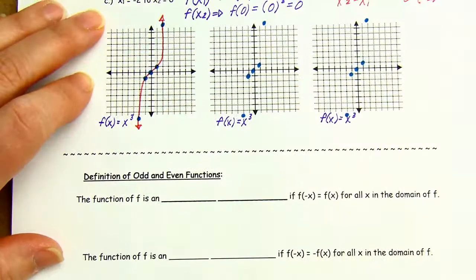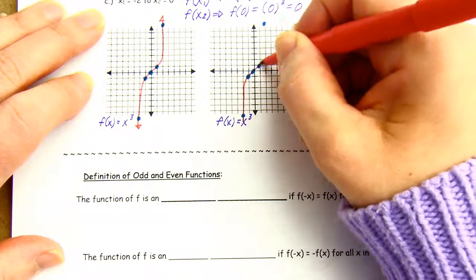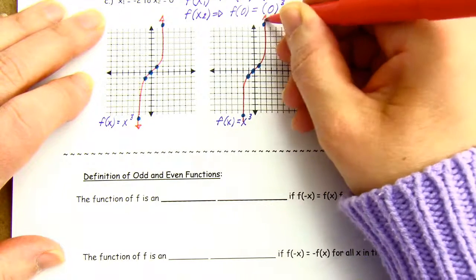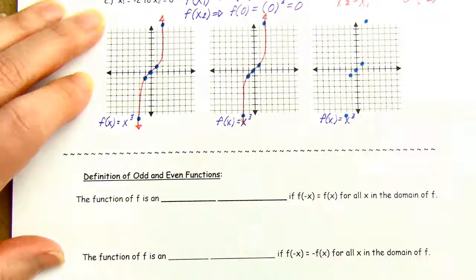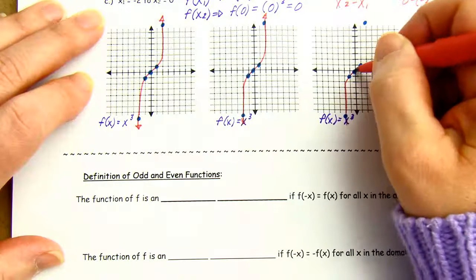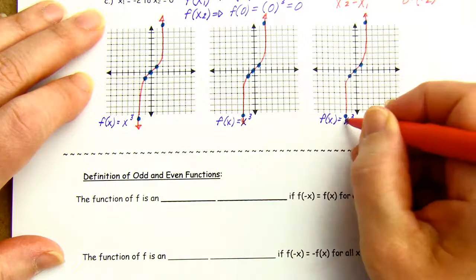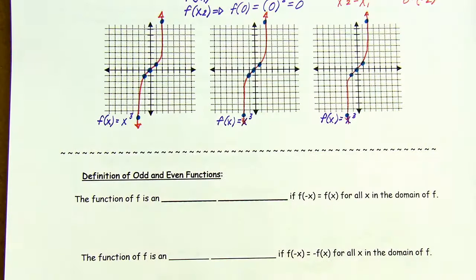Okay, we're going to do it 3 times. And 1 more time. All right, there are my 3 graphs for the cubes.